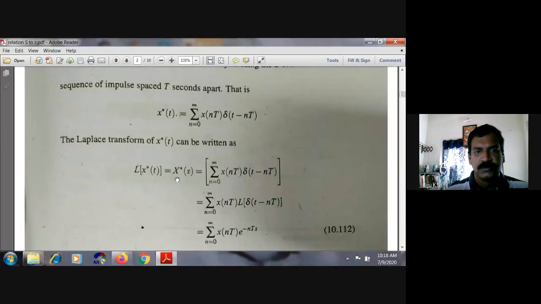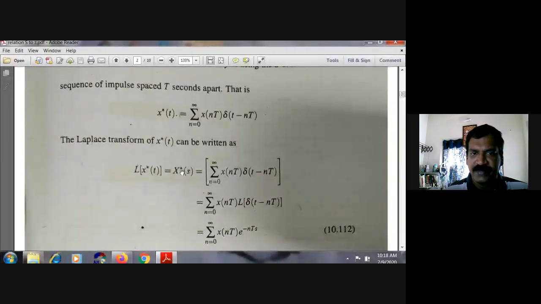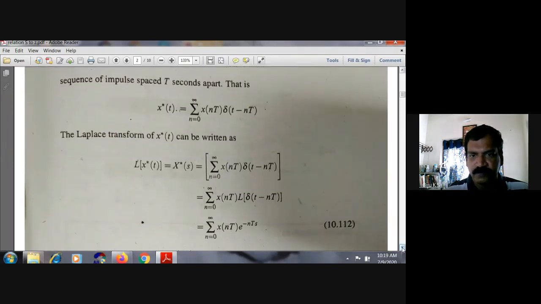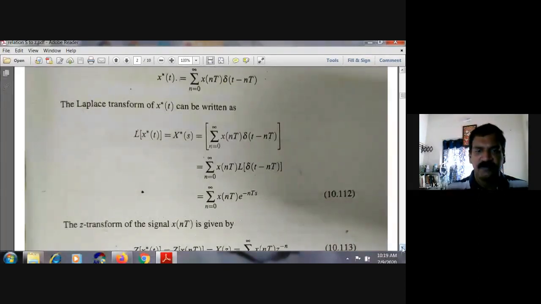The Laplace transform of x star of t is X star of s, which is equal to the summation of n from 0 to infinity of x of nT times the Laplace transform of delta of t minus nT.